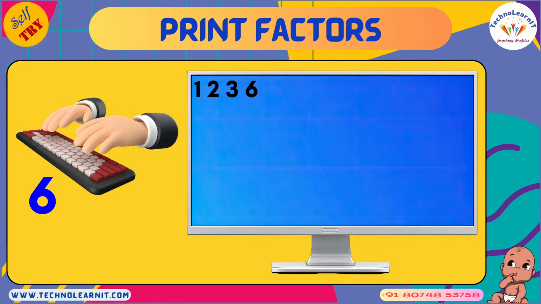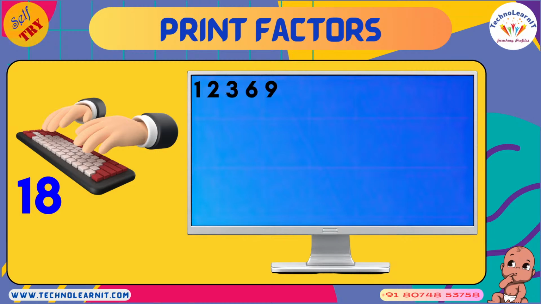Go to the next number, 6. Remainder would be 0 when you divide 6 by 6. That means 6 is factor to itself, right? Obviously, any number is factor to itself. Once you reach the given input, stop over there. Why? A factor cannot be greater than the number itself. So you do not go with 7, 8, 9 and all. Stop over there. This is how you find the factors and print them out.